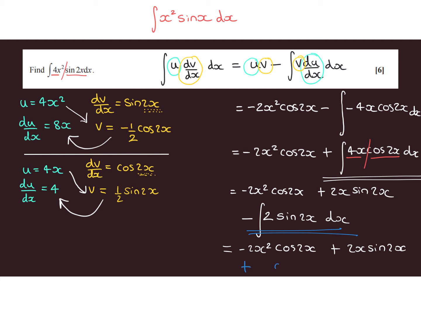This will integrate to cos 2x, but of course I have to divide by the derivative of the inner function, which is 2, which will then cancel with this 2 here. So it's just plus cos 2x at the end, and then of course we mustn't forget to include our plus c at the end of all this. So my answer is negative 2x squared cos 2x plus 2x sine 2x plus cos 2x plus constant.